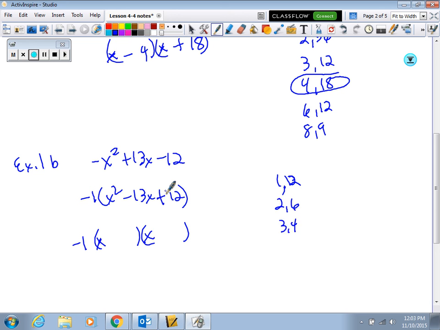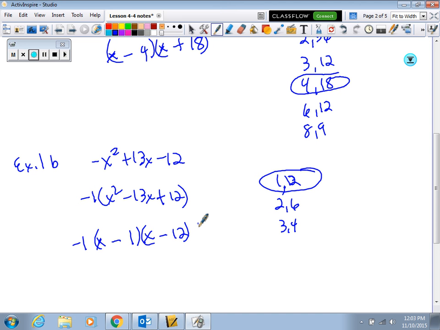The signs are the same, so again, I am adding factors of 12 that will get me 13. Well, that's going to be those right here. So I'm going to have a 1, and I'm going to have a 12. Now, since the signs are the same, this middle term tells me what they are, so they're both going to be minus. Okay? And so I have that, and there you go. So -1 times x minus 1, x minus 12.